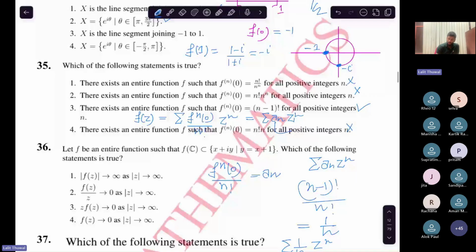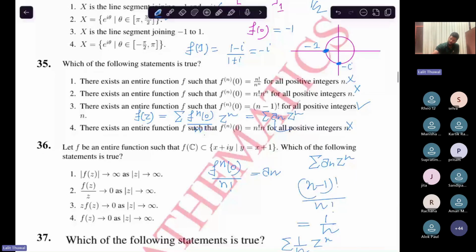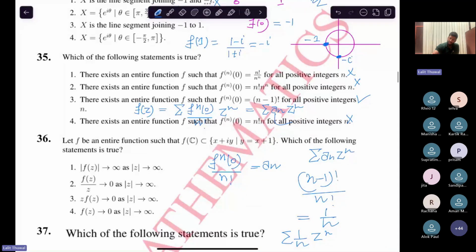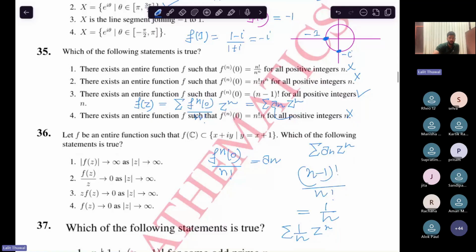Yes, sir. Okay, so you can check. I mean, f^(n)(0) by n factorial is 1 by n. So what is the radius of convergence of 1 by n? Which one is the correct then? Sir, 1 is correct. I actually found that it does not exist.